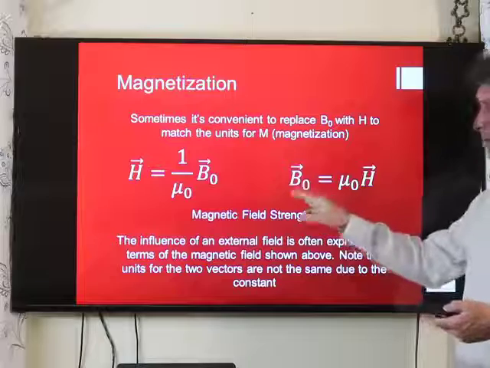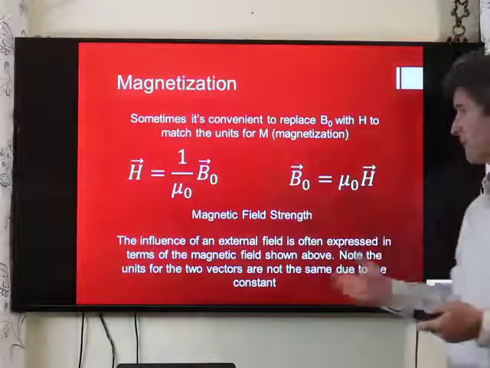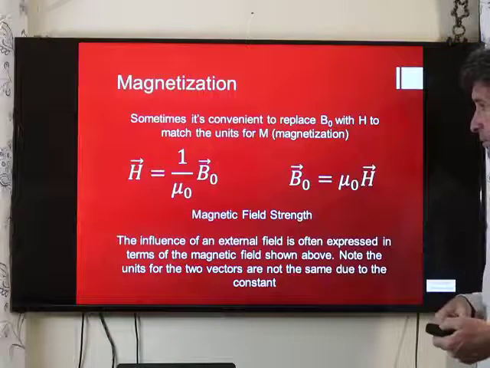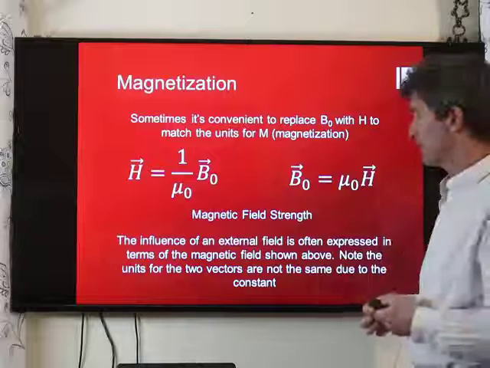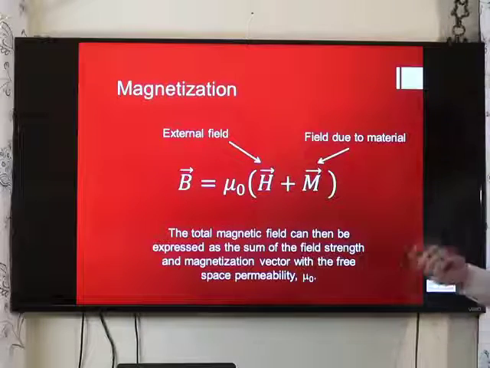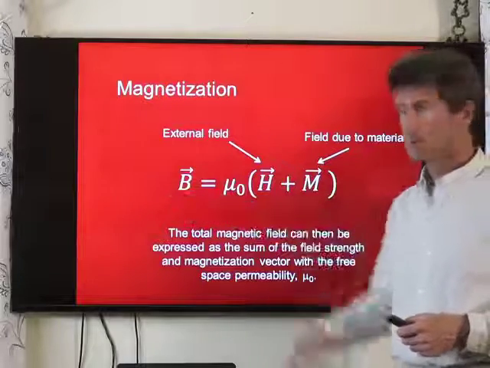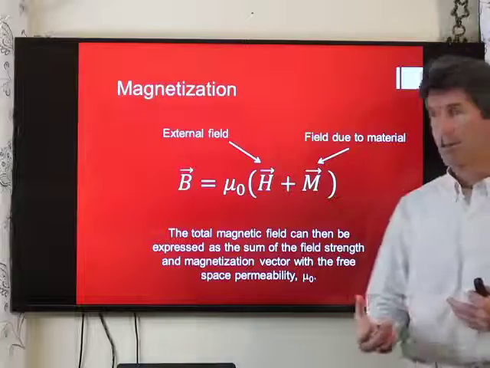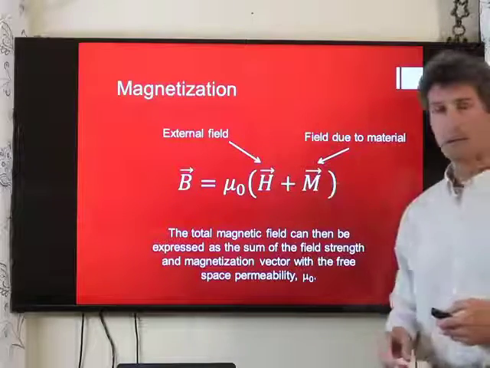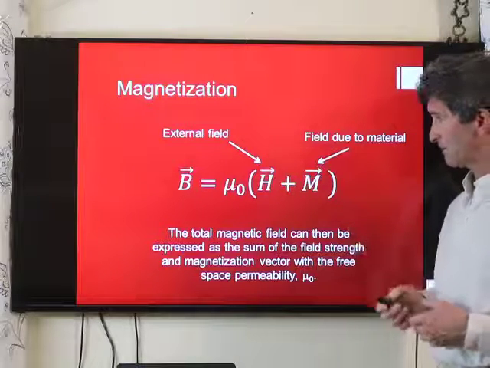So B0 is basically mu 0 times H, and mu 0 times M gives you the contribution of the magnetic dipoles. Rewriting this, the entire magnetic field due to an external magnetic field and due to the field effects of the material itself can be written like this.